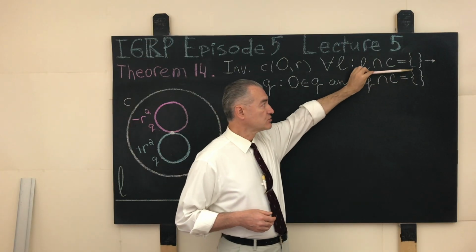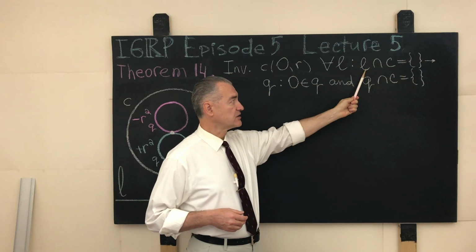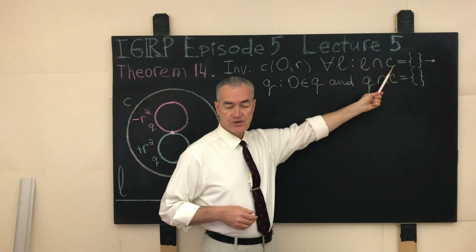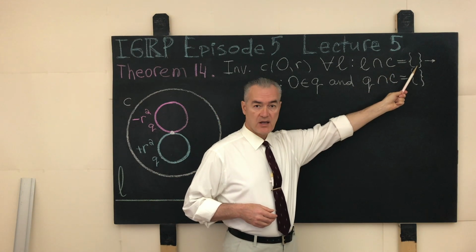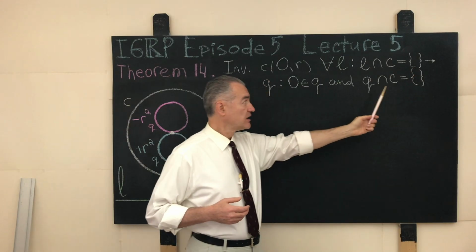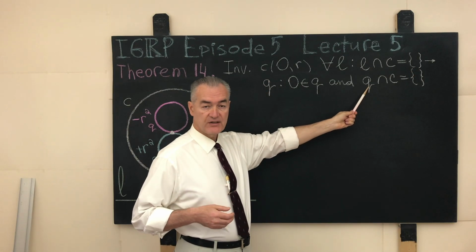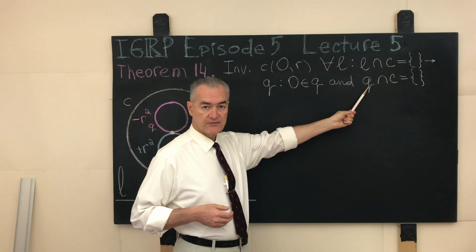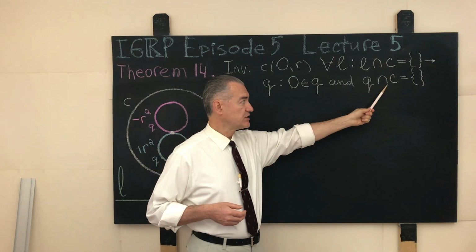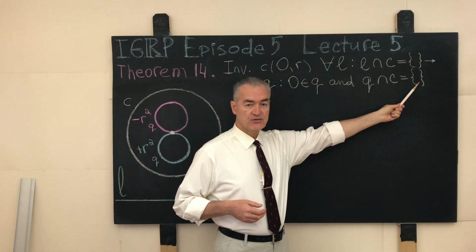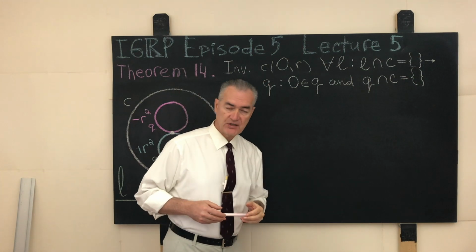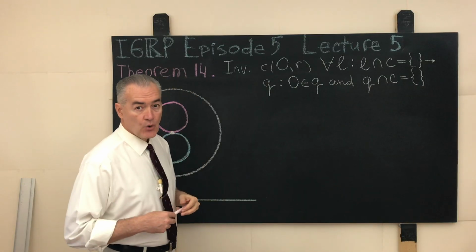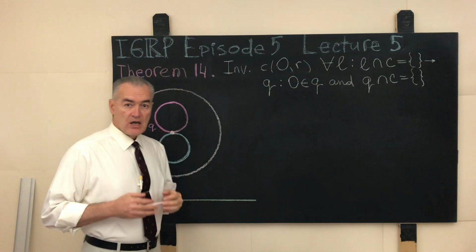So this notation over here says that the given straight line L intersects with the given circle of inversion over the empty set, and likewise the given circle Q intersects with the given circle of inversion C over the empty set, which again means that these two objects have 0 points in common with the circle of inversion.